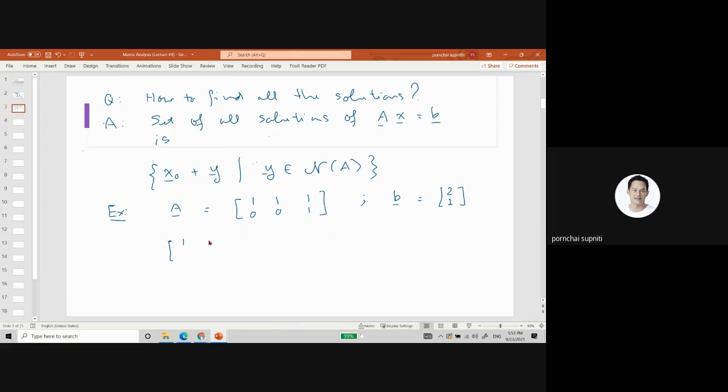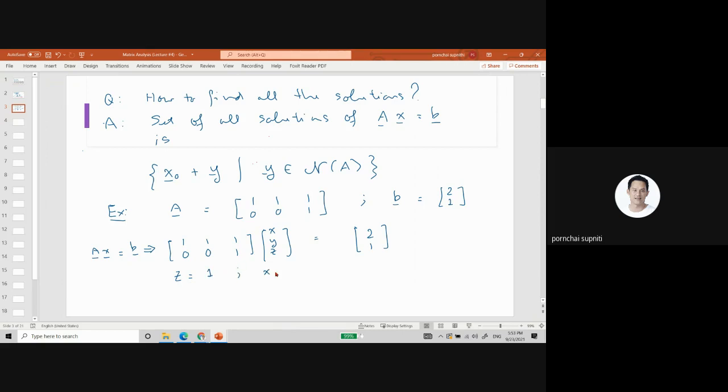When we write out Ax is equal to b, we have 1, 0, 1, 0, 1, 1 multiplied with x, y, and z, which is equal to 2, 1. And z is equal to 1. This is from the previous example.